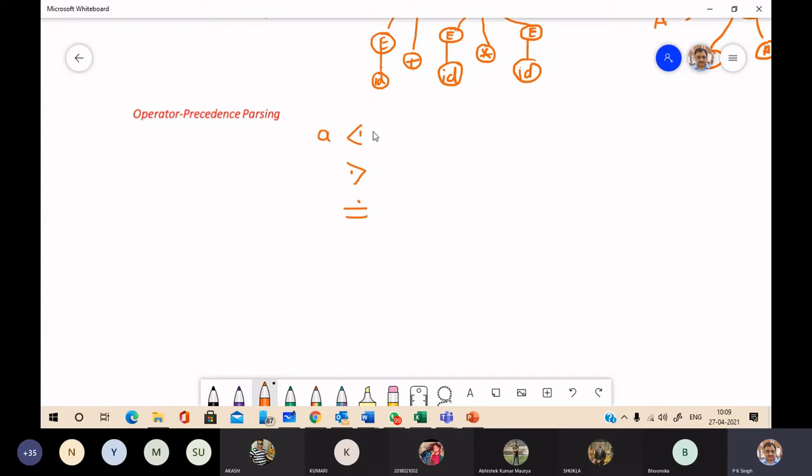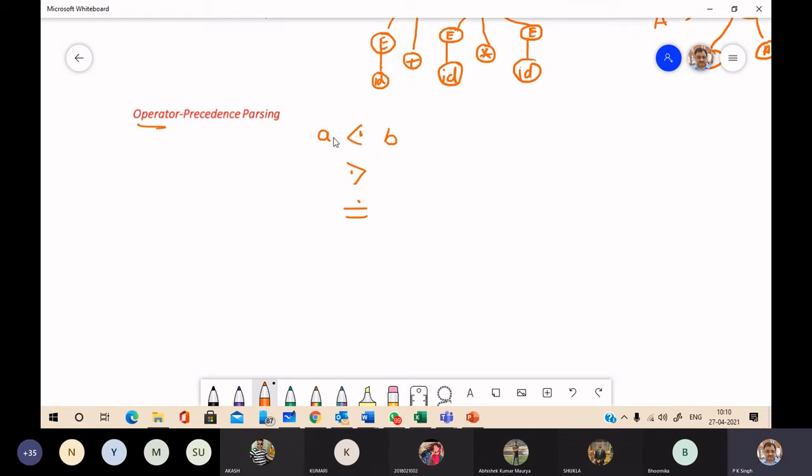Suppose A and B are two terminal symbols. First consider the less-than relation, and we have this relation.